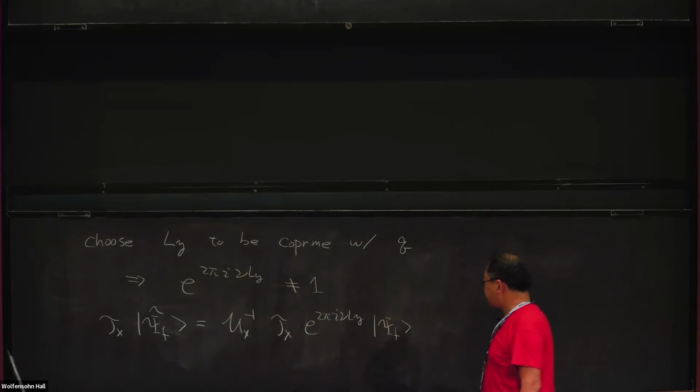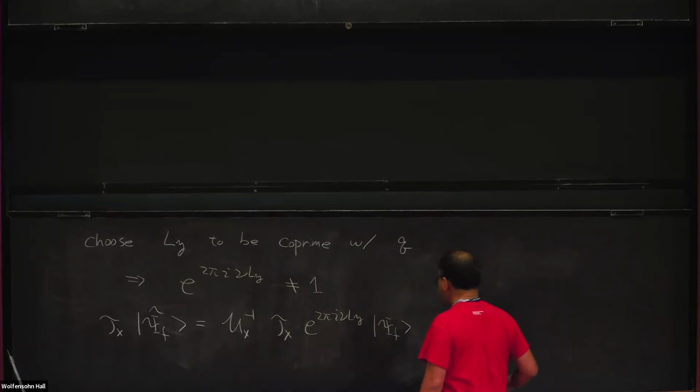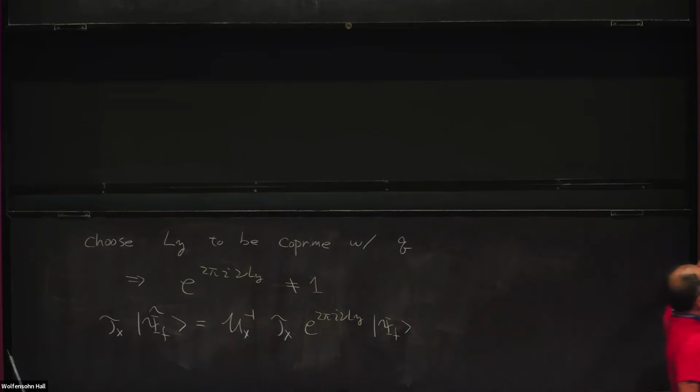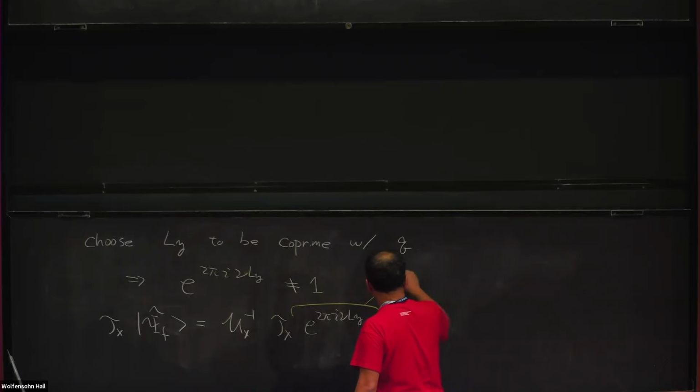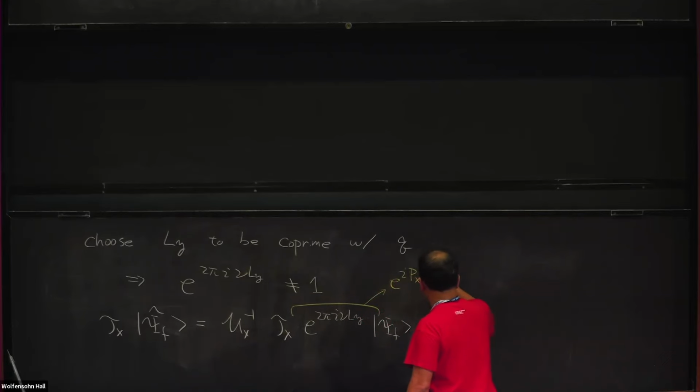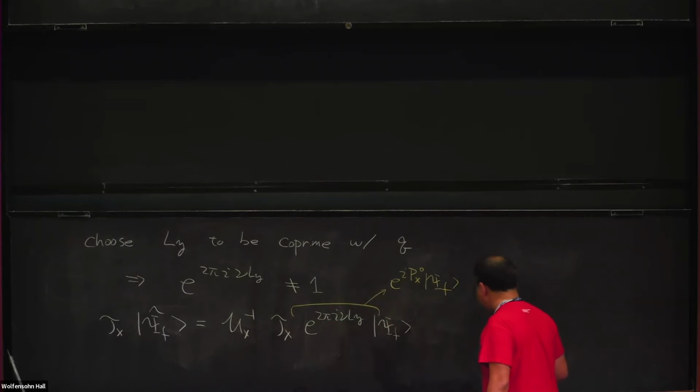And then Tx times psi f is, as I argued, that there is no momentum change for this guy. So this times this is just the same e to the i px0 times psi f. And now you can multiply Ux inverse to psi f to get psi f tilde.